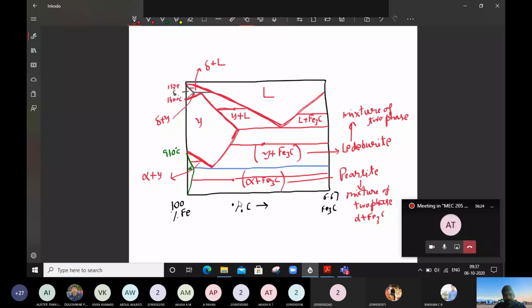Now, I have told you that for this alpha phase, the maximum carbon that it can take is 0.02. So you should remember that this composition is 0.02. This composition is 0.8.